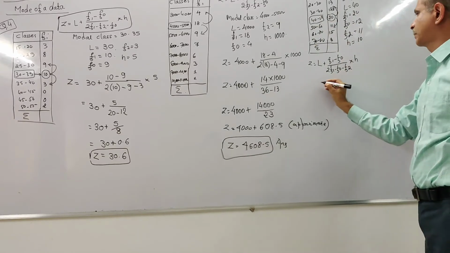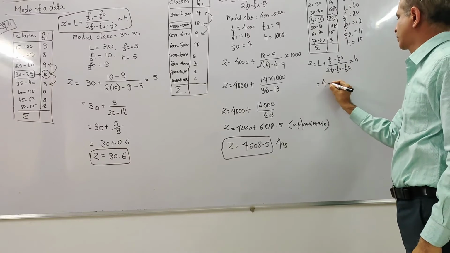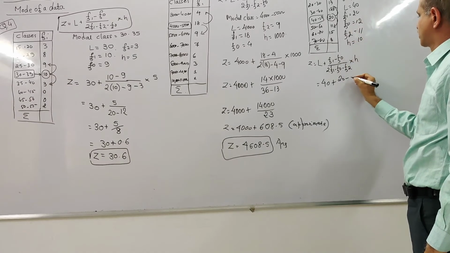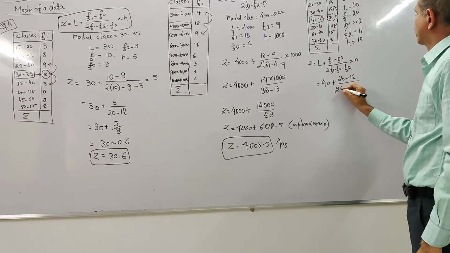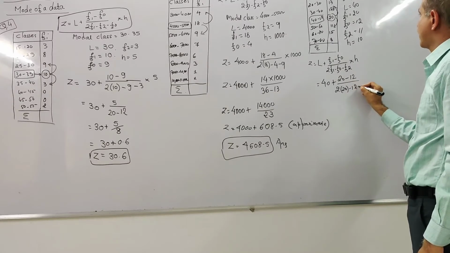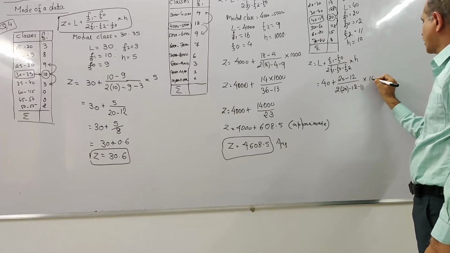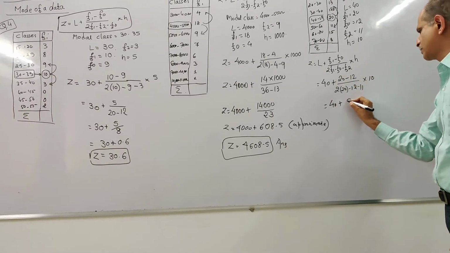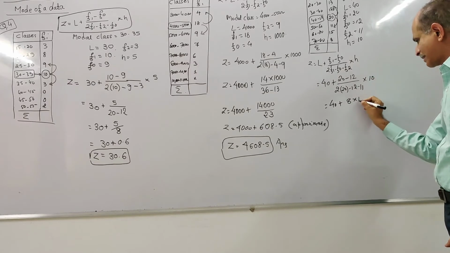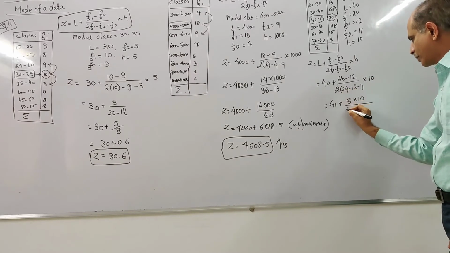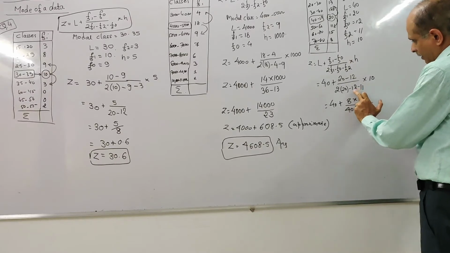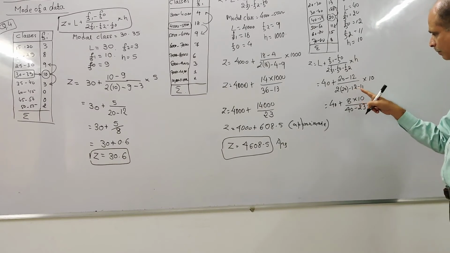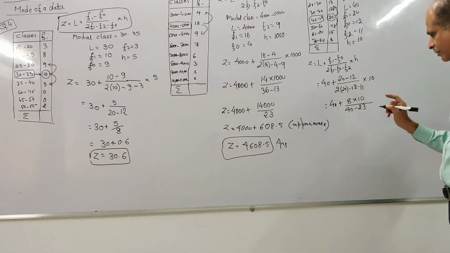So put the values in the formula. L means 40 plus F1 means 20 minus F0 means 12, upon 2 into 20 minus 12 minus 11, into 10. Very simple. So 40 plus 20 minus 12 means 8, multiplied by 10. So 8 into 10 upon 40 minus 12 minus 11, that is 40 minus 23, which is 17.